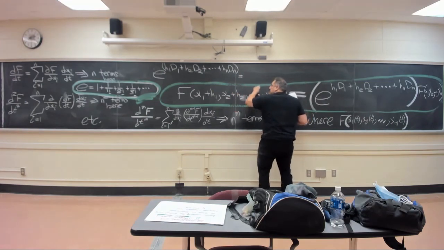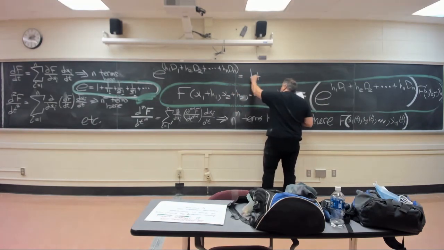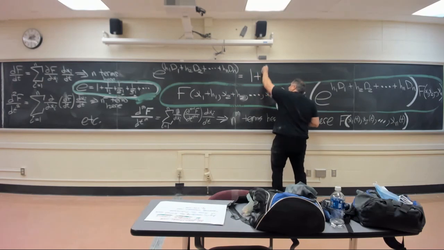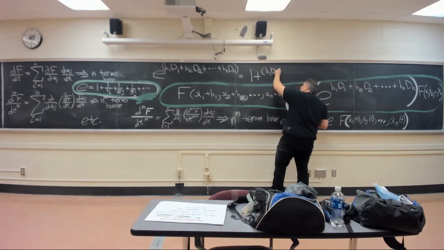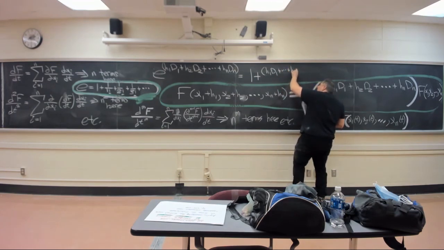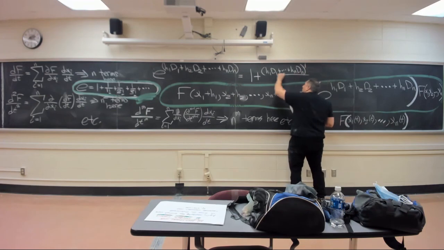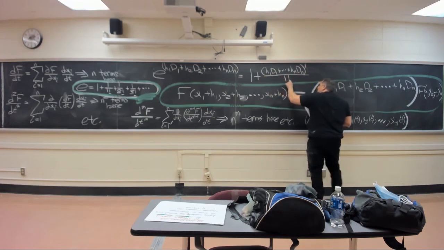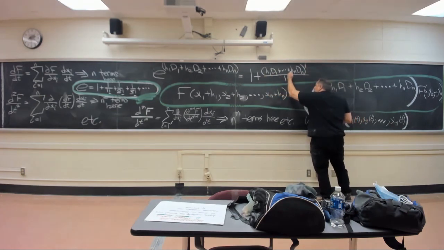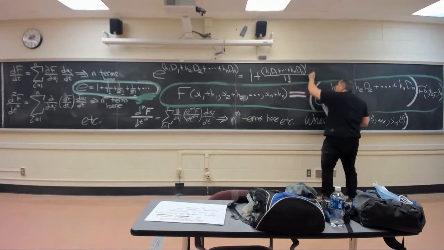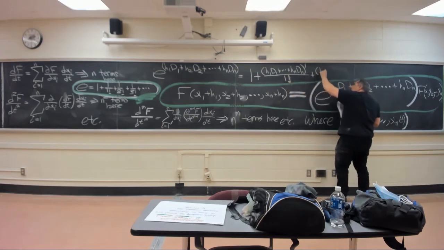Indeed, comes out to 1 plus, and then it's doing this, the H1 D1 plus dot dot. Let's save a little bit of room here, guys. To the 1 power over 1 factorial. Plus the same thing here.